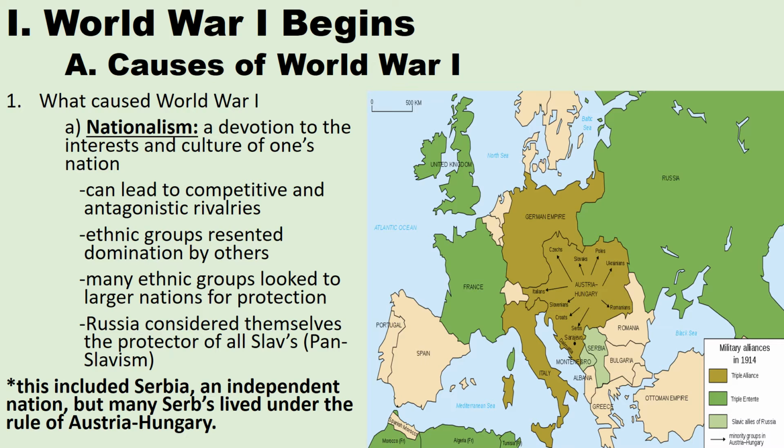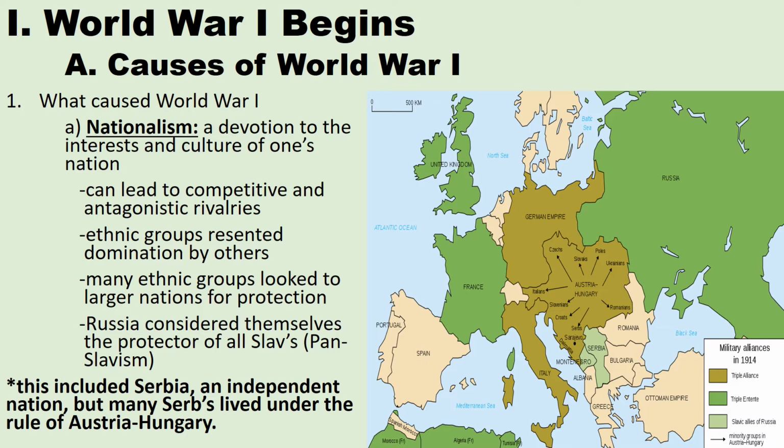Very often, nationalism will lead to competitive and antagonistic rivalries among nations. In this atmosphere of competition, many European nations began to fear Germany's growing power in Europe. In addition, various ethnic groups really resented domination by other nations and longed for their nations to become independent.